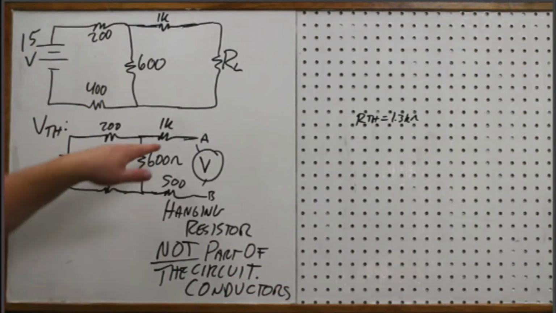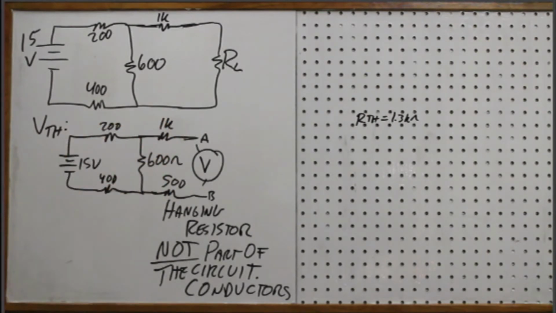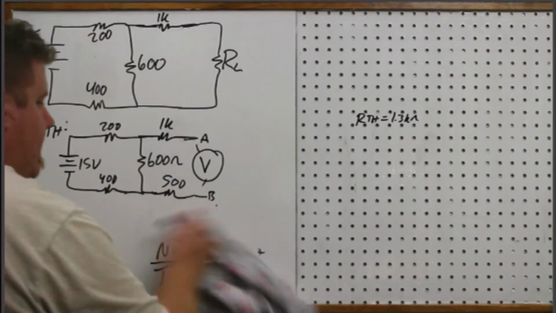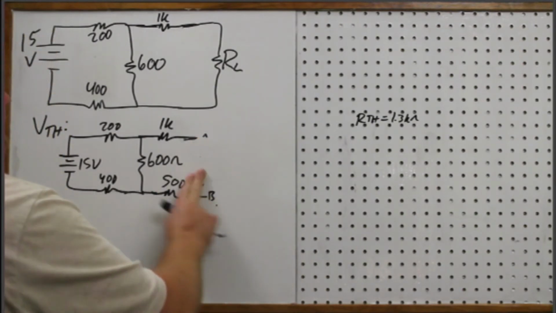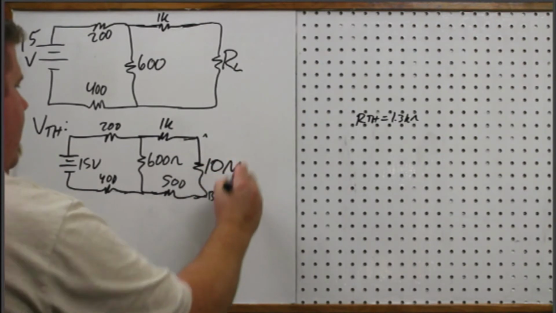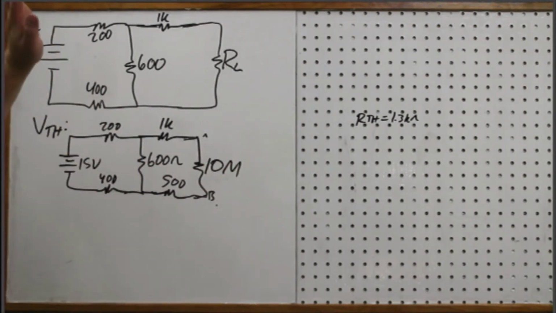So you look at a short or a piece of wire, that's it. They have no influence on you making this measurement right here, because remember, since we've talked about chapter 7 and we know about meter loading, what are you doing over here? You're really putting in a resistor. And let's say it's a 10 mega ohm resistor. Who cares about this extra 1500? It doesn't matter what those values are.